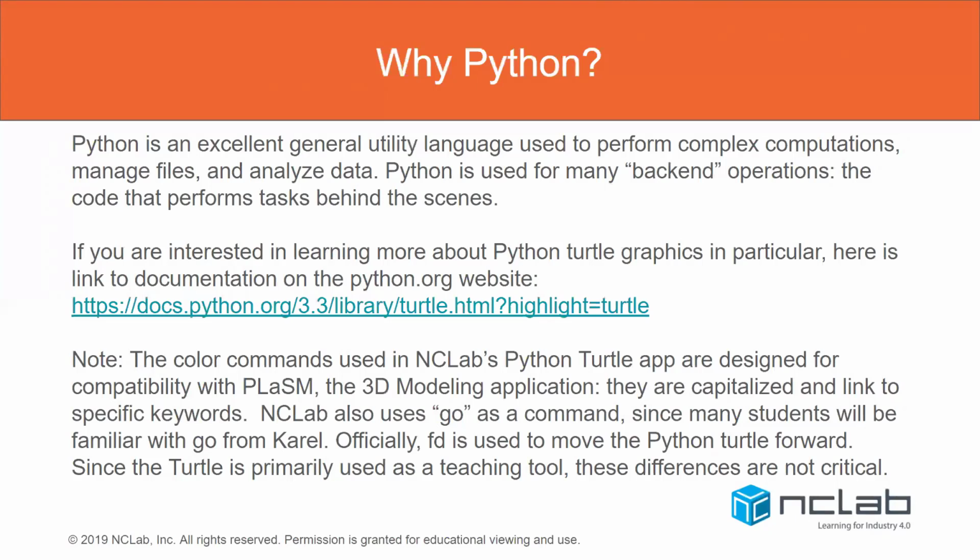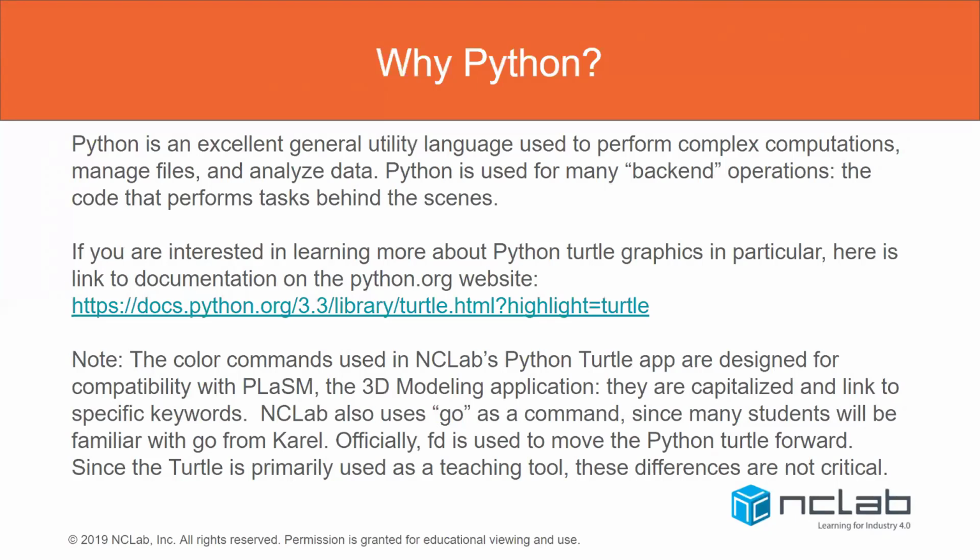I do want to mention that some of our turtle characteristics in NCLab are not the same as the ones in Python. For example, the color commands that we use have capitalized keywords, and they're compatible with Plasm, which is the language used in the 3D modeling app and course. We also have thrown in a few other commands such as Go. The reason why Go is a command is because many students have learned Carol, and so this was a way for them to segue from Carol to Python.